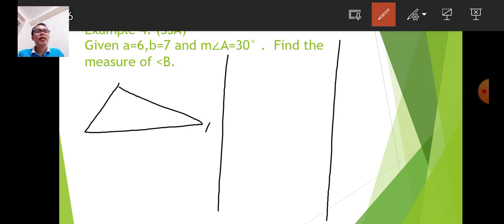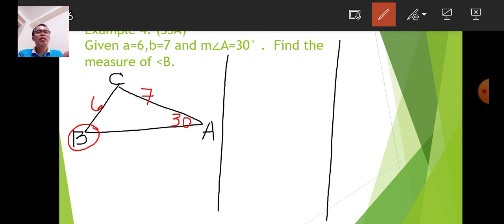If this is A, this is B, and this is C, and we were given that angle A is 30, and side a is 6, and side b is 7. We are told to find angle B.